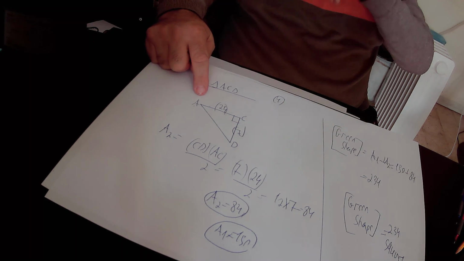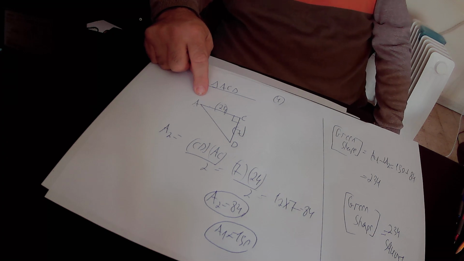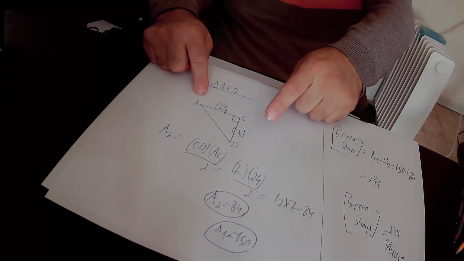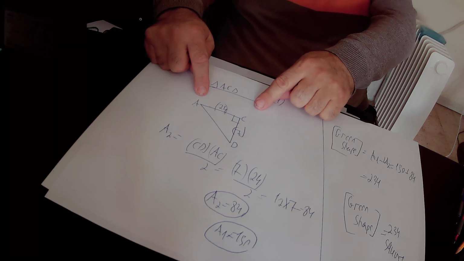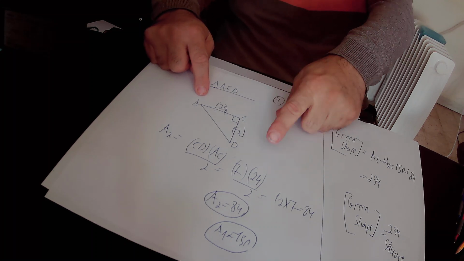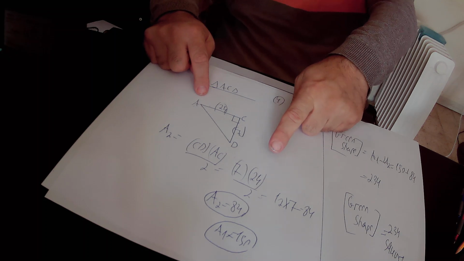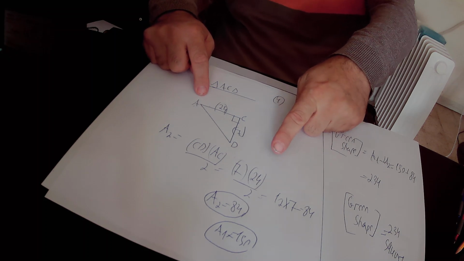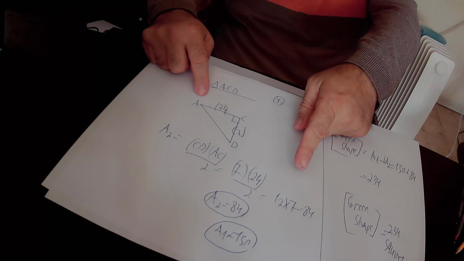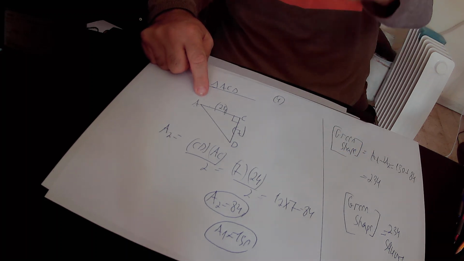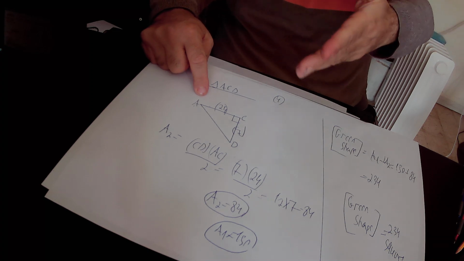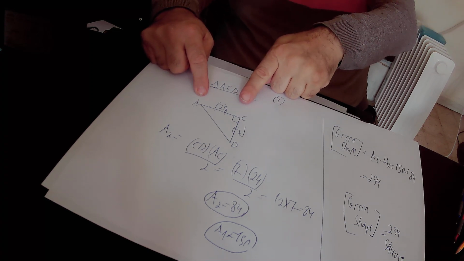A2 is the area of this right triangle ACD, which equals DC times AC over 2. DC is 7, AC is 24, divided by 2. 24 over 2 is 12, so in total this expression equals 12 times 7. 12 times 7 is 84. So A2 equals 84 square units. That is the area of this right triangle ACD.